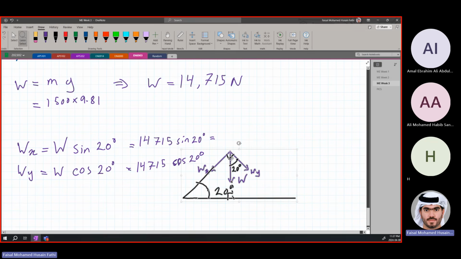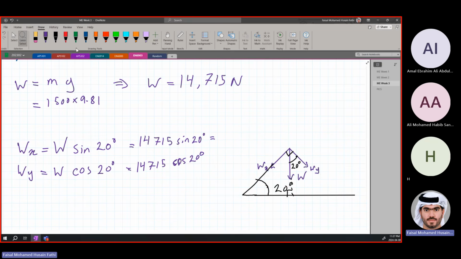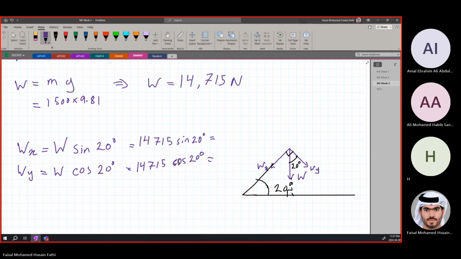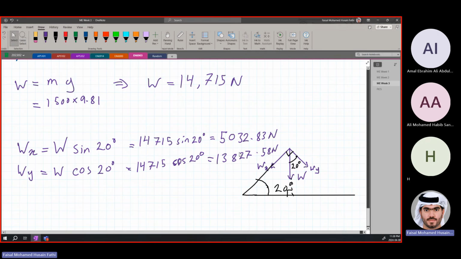I plugged them into my calculator. 14,715 sine 20 is going to be 5,032.83 newtons, and the other one, cosine 20, is going to be 13,827.58 newtons. Okay, so I found my values, I found my cosine, and I found my sine.